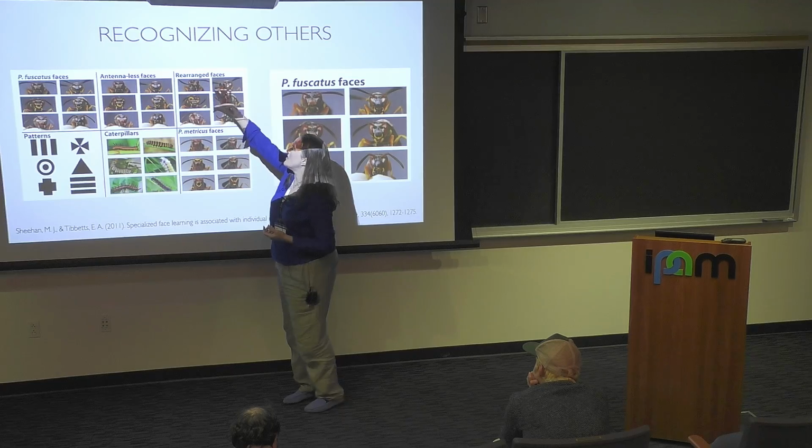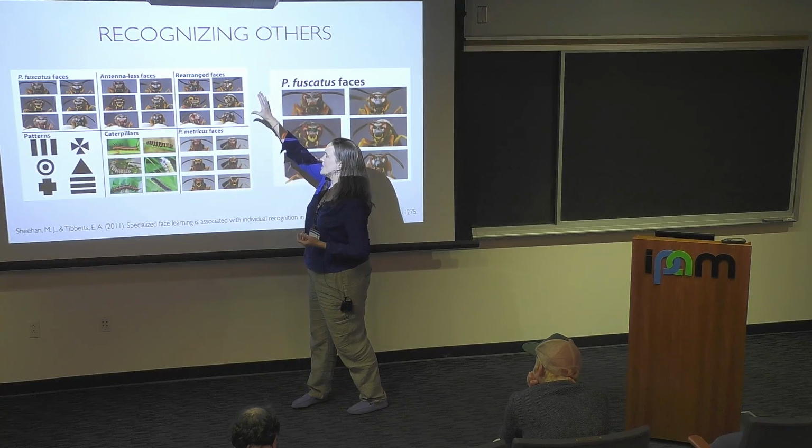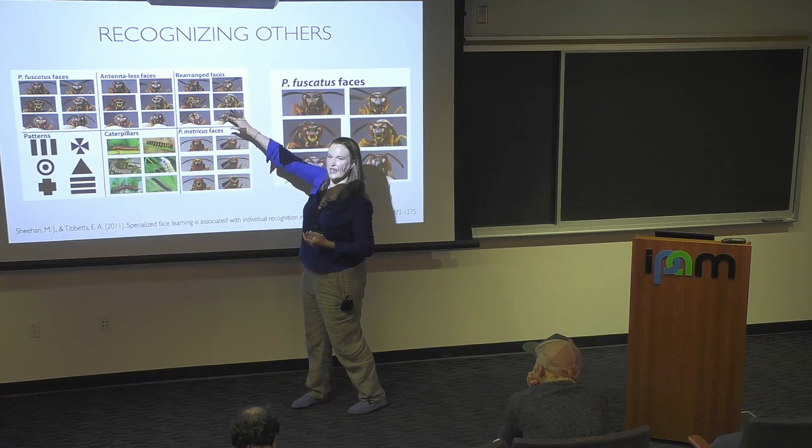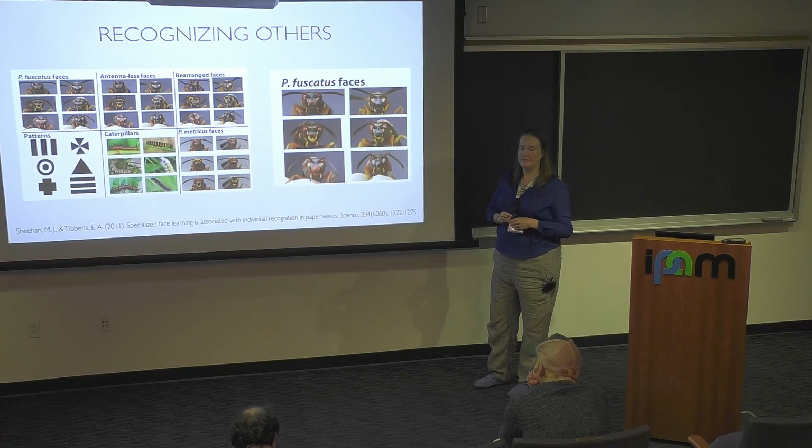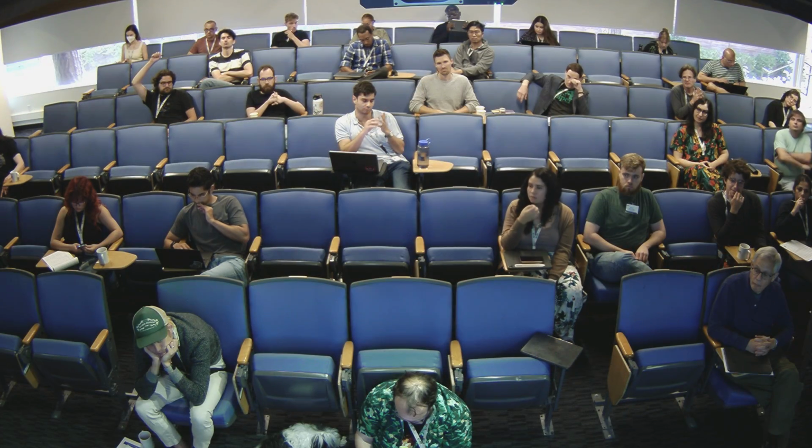And the fact that they're still showing significant performance impairment on the rearranged faces. The rearranged faces are pictures. They're all pictures. And so what if they physically have something on them that we can't capture with three color cones?